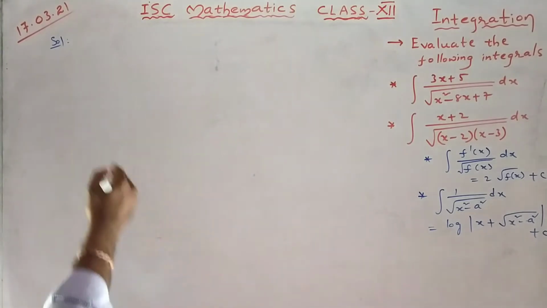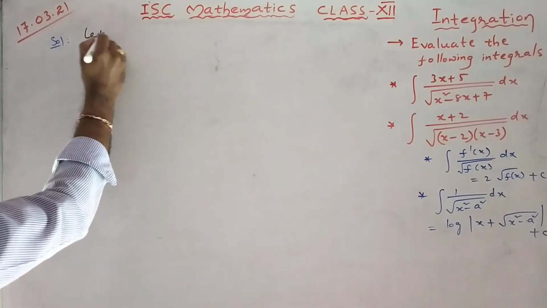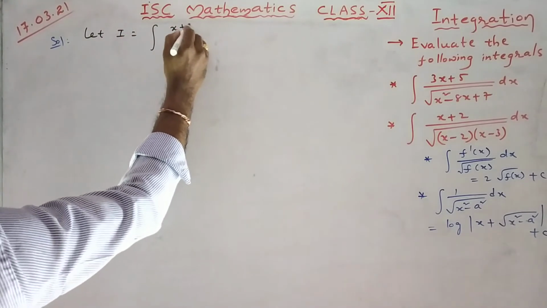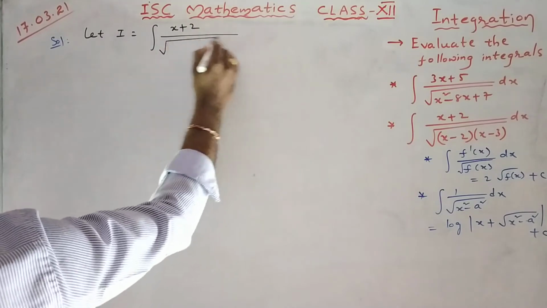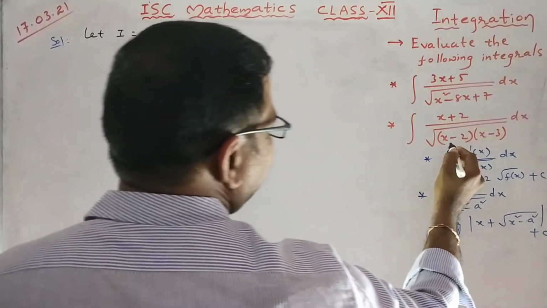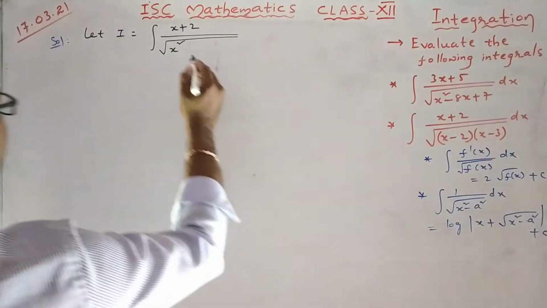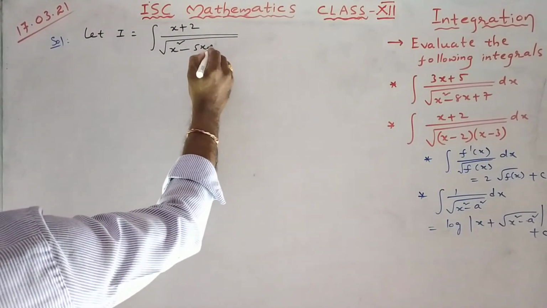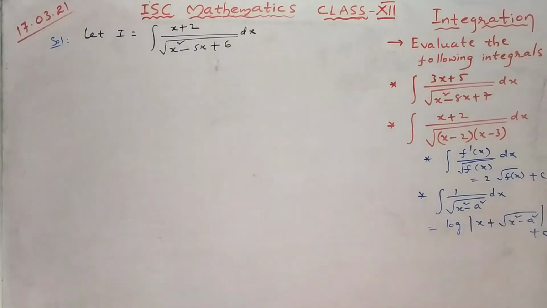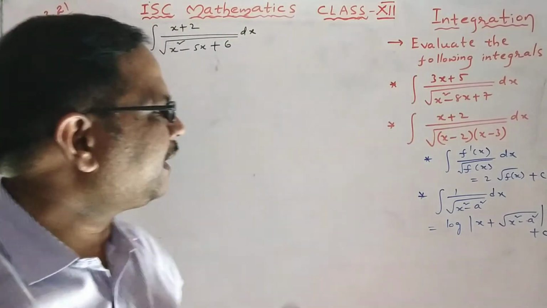Next question, let I equal the integral of (x plus 2) by square root of x square minus 3x minus 2x, minus 5x plus 3 twos are 6, dx. So it looks like linear by root quadratic.